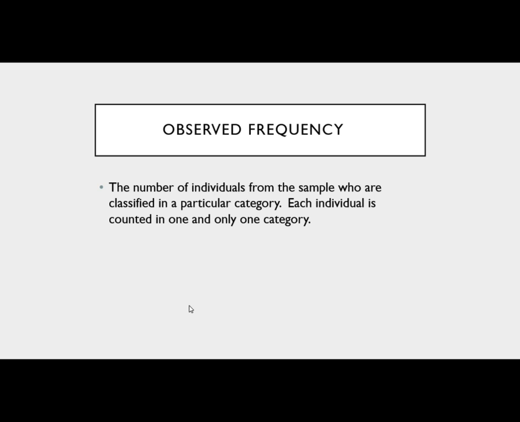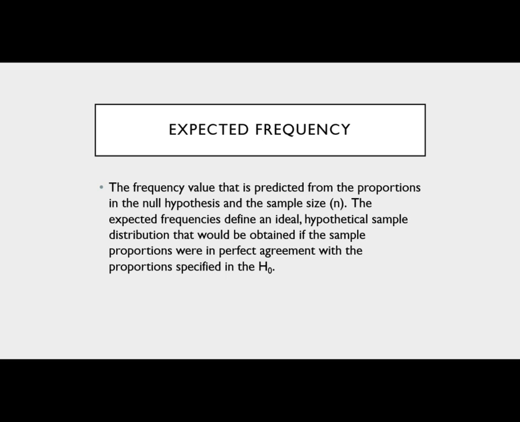So the observed frequency is the number of individuals from the sample who are classified in a particular category. Each individual is counted in one and only one category. The expected frequency is the frequency value that is predicted from the proportions in the null hypothesis and the sample size.